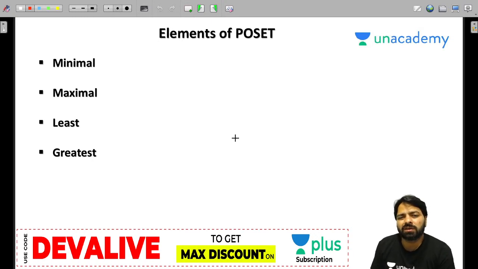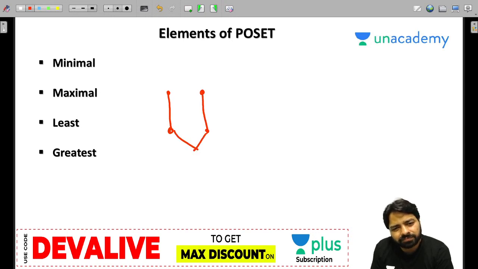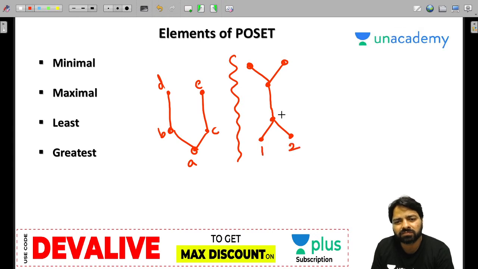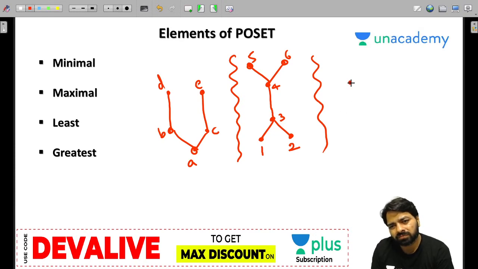In the elements, when we are talking about a poset, as a diagram we always take. Fine.